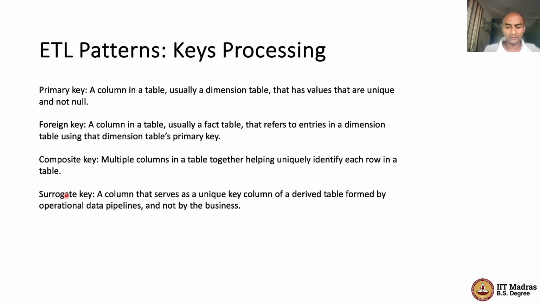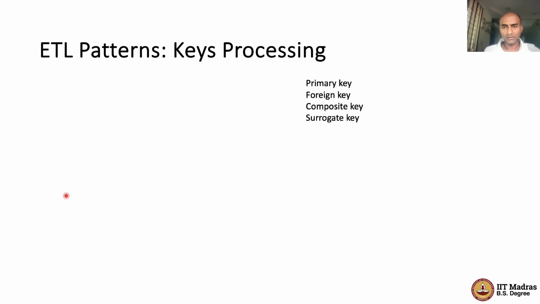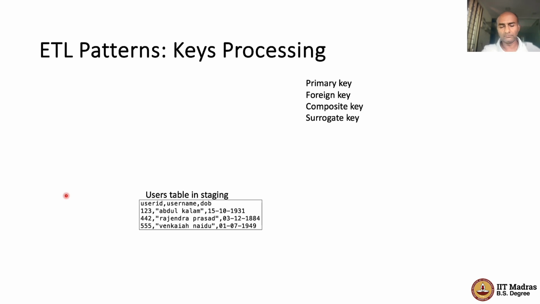So let's start with some examples to make this a little clearer. So first up, you have the users table, which is in the staging area rather. The users table has three different columns: user ID, username, and date of birth.